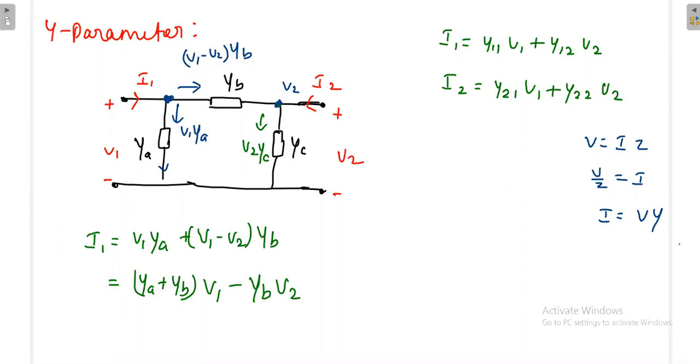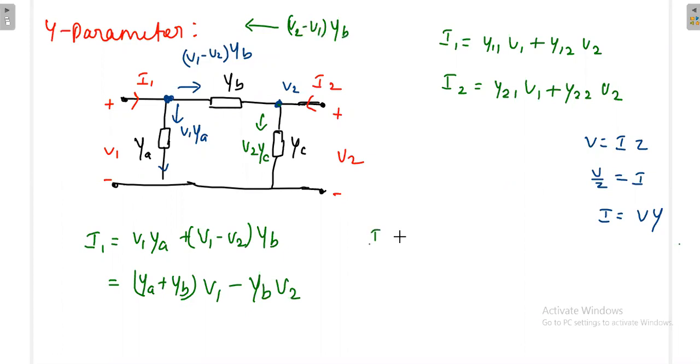Otherwise, if you want to write the current in this manner, I can simply write V2 minus V1, just changing the sign, multiplied with yb. So I2 is the current entering, and this is the current leaving, and this is also the current leaving.